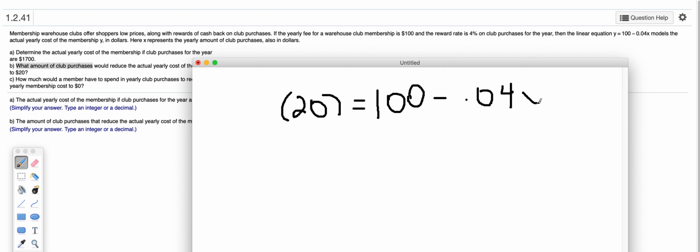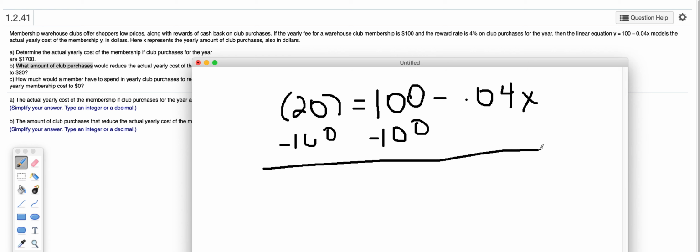So the goal here is to get X alone. So I'm going to subtract 100 from both sides. And I get 20 minus 100 would be negative 80, equals negative 0.04x. Now when a number is written next to x, that is implied multiplication, so you're going to divide both sides by negative 0.04.